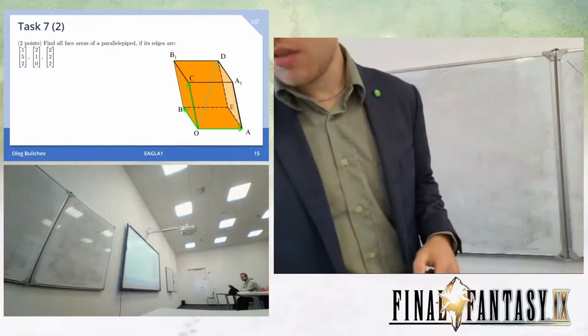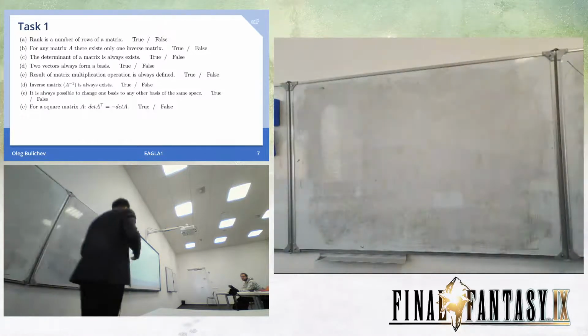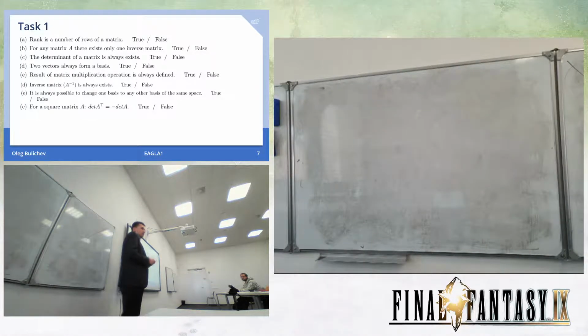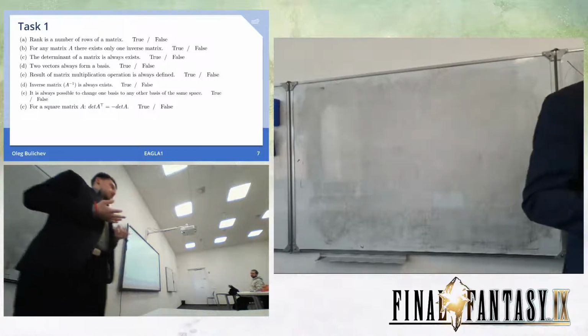Okay, let's go to the first one. As I told you, it seems that usually we have all falses there. But about this task, what can I say? It's even applicable for real life applications.